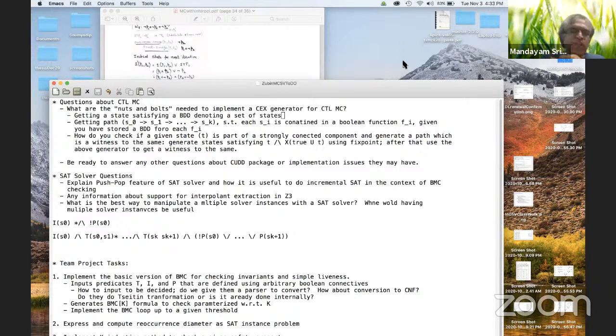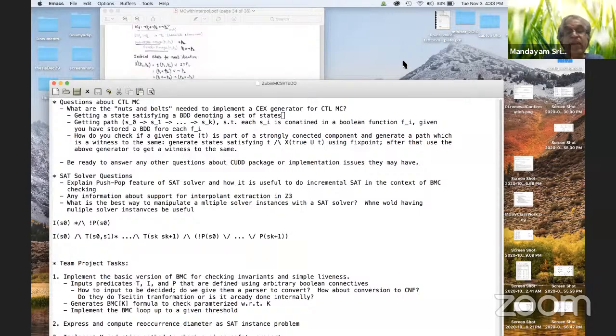You know that tau 2 intersects with I, suppose. So you have to pick among the states that satisfy tau 2, something which is, so you will have to compute the pre-image from tau 2 to tau 1 such that it also intersects with I. That is the BDD that you will have to compute, that pre-image.